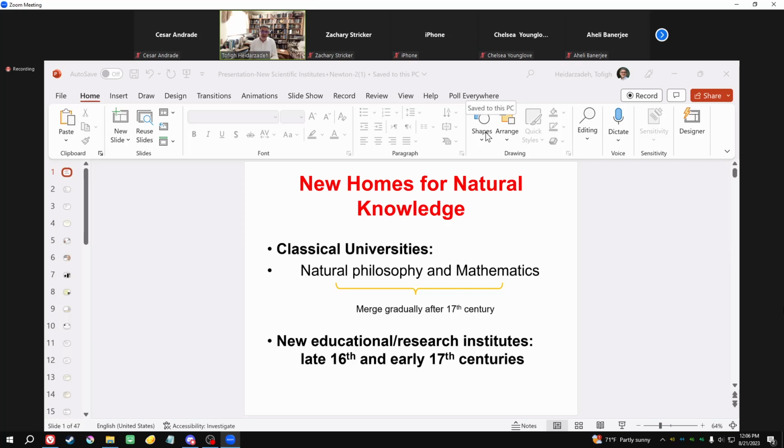The big part of this philosophy, which was related to the physical world, was called natural philosophy, philosophy of nature, which today, a big chunk of it, we call physics.